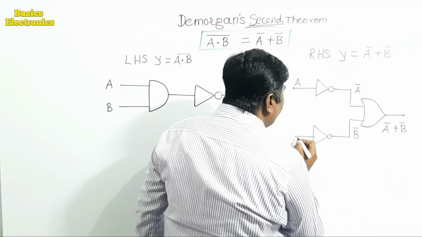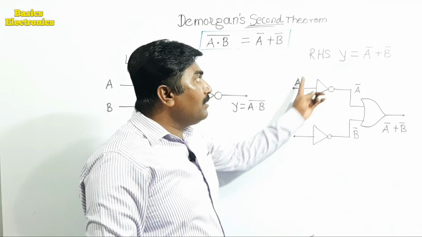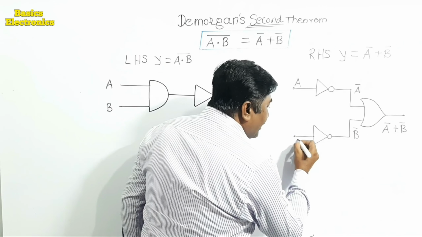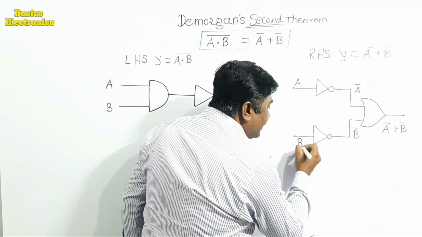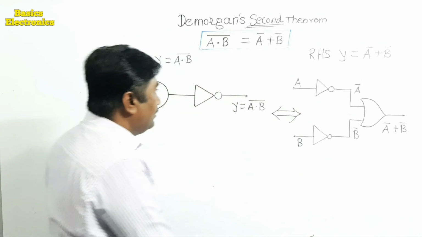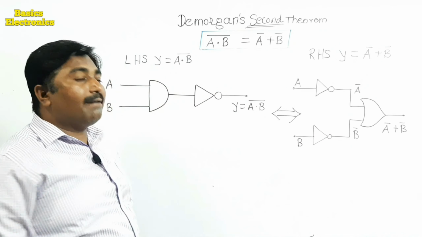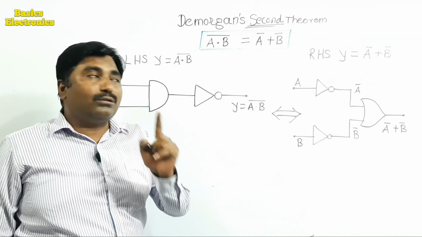The inputs are A and B. The upper NOT gate provides A complement, and the lower NOT gate provides B complement. These are applied to the OR gate, so the OR gate produces the output A complement plus B complement. These two are equivalent to each other. This logical diagram and this logical diagram are both the same.